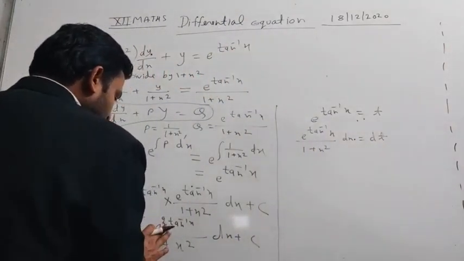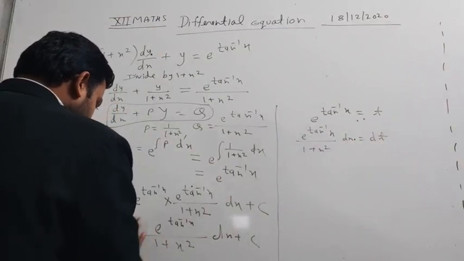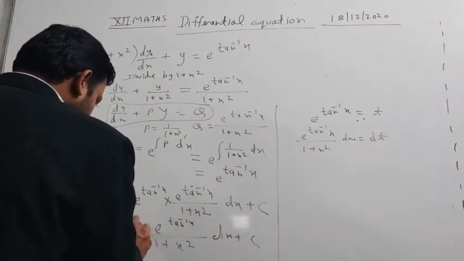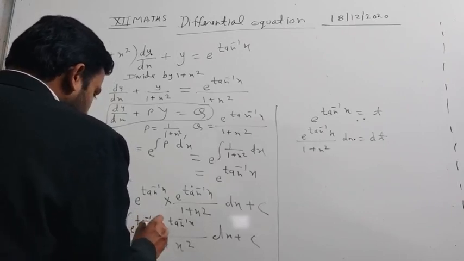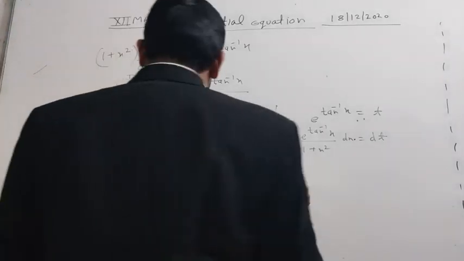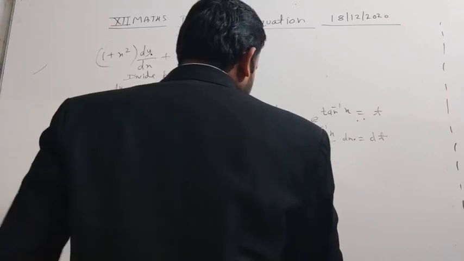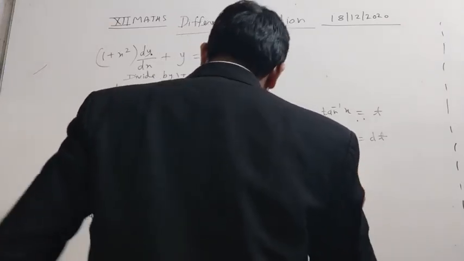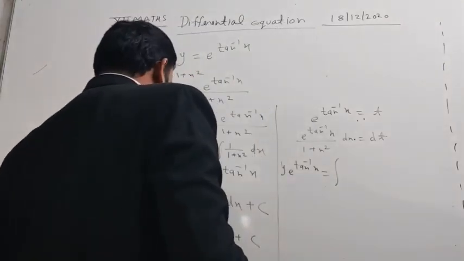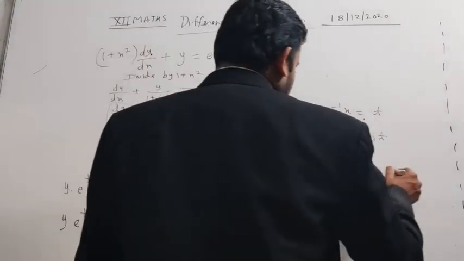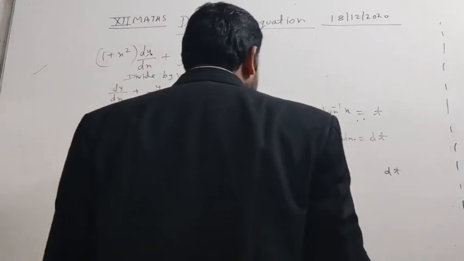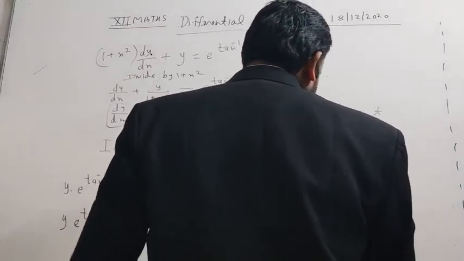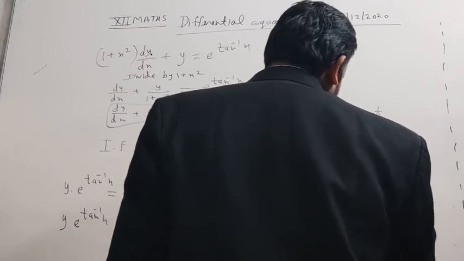So we write y e to the power tan inverse x equals integral of t dt. Okay, so this is t square by 2 plus c.